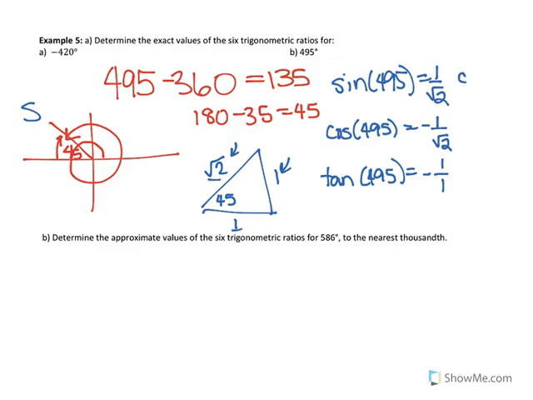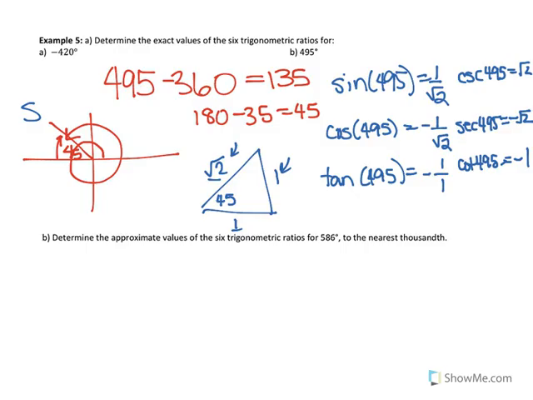We can do the reciprocals of these, so cosecant of 495 is equal to root 2. Secant of 495 is equal to negative root 2. And cotangent of 495 is equal to negative 1. So it doesn't change.